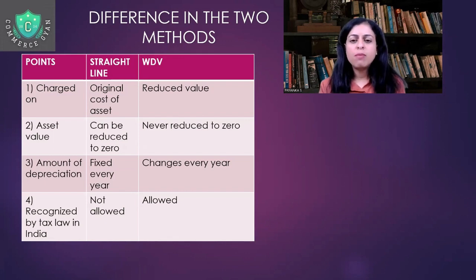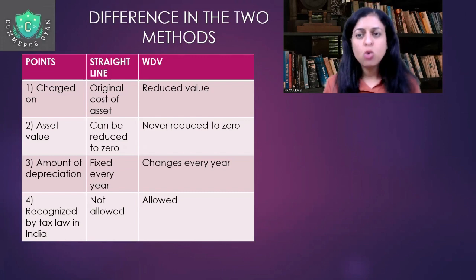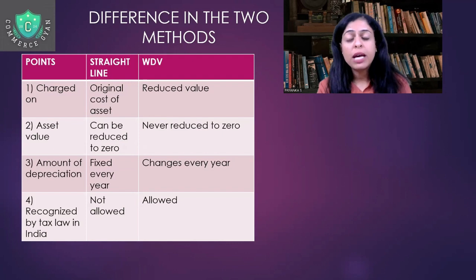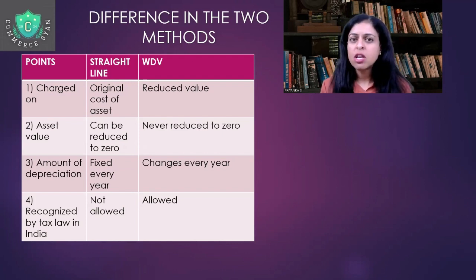And finally, we come to the last point: is it recognized by law? So if tomorrow you have to write your books of accounts, which method will be acceptable under, let's say, the Income Tax Act? You want to show your correct profits to the government and pay the tax on your profits. Which will be the acceptable method of depreciation?